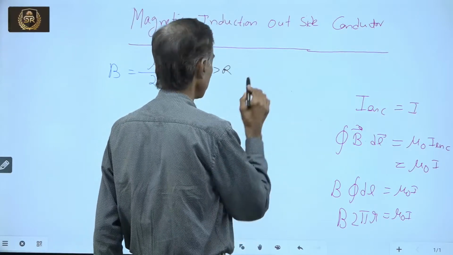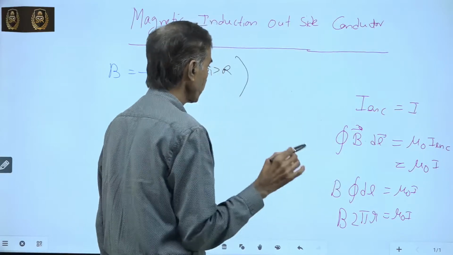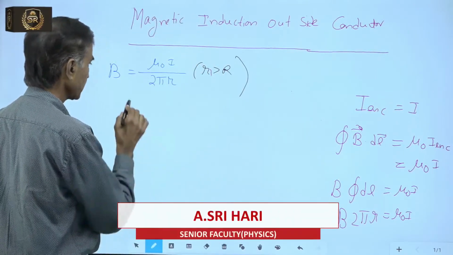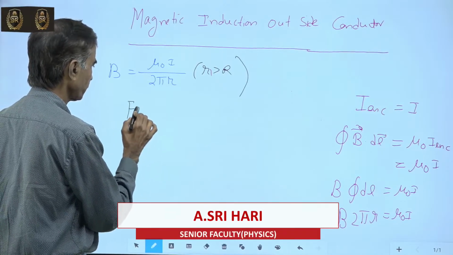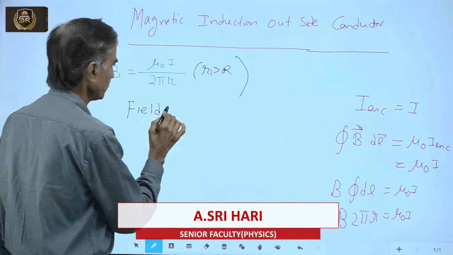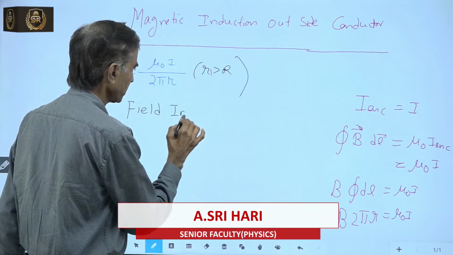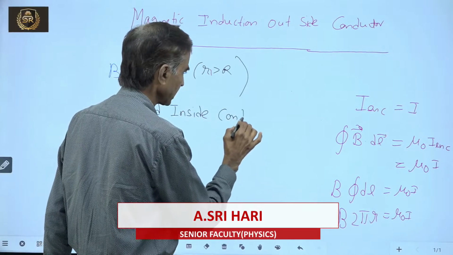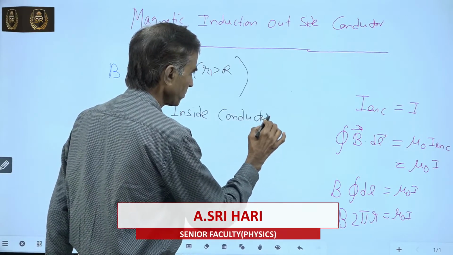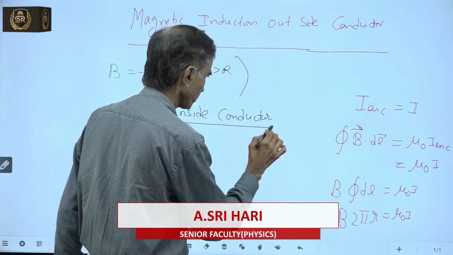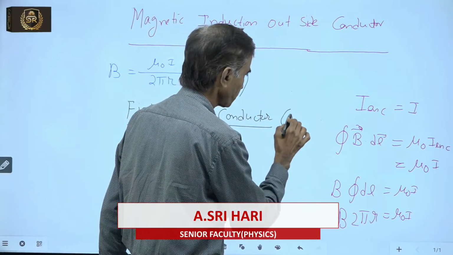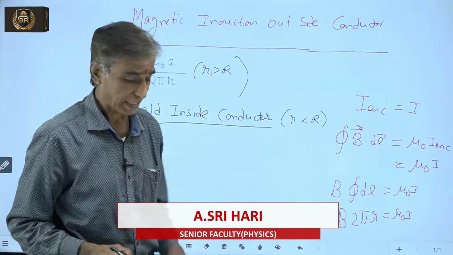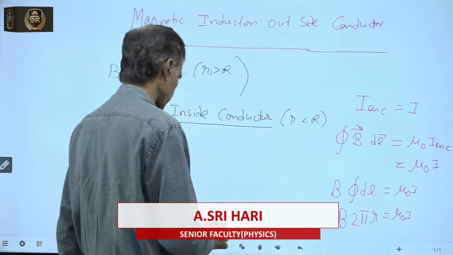Now, what we want is the field inside the conductor. That means our small r is less than capital R, right?